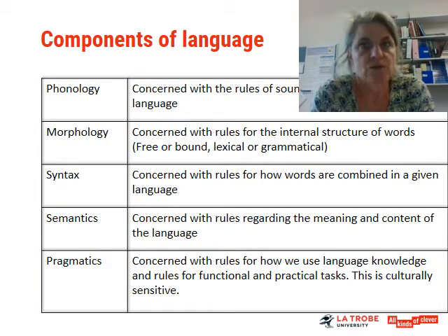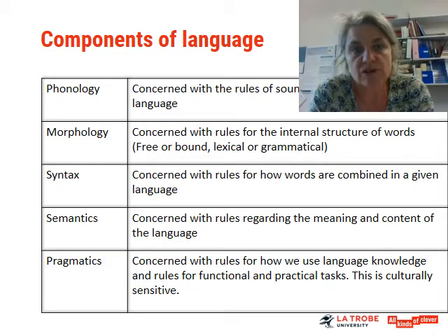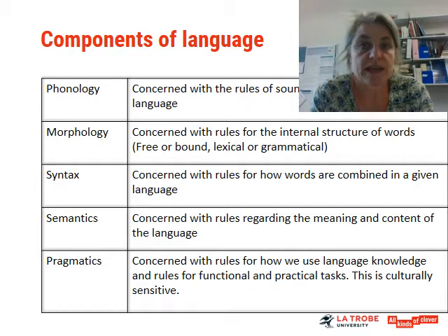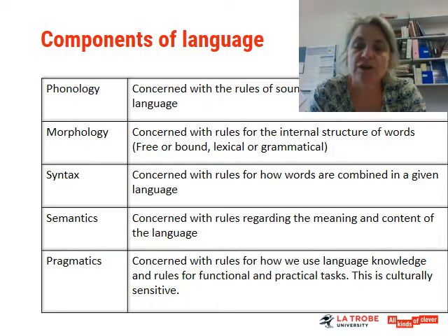We don't have words that have those sounds running together. So that's one of the rules that children have to learn, about what sounds make up the language that they're learning and how those sounds can be combined. But it's only one of the 5 rules of language.